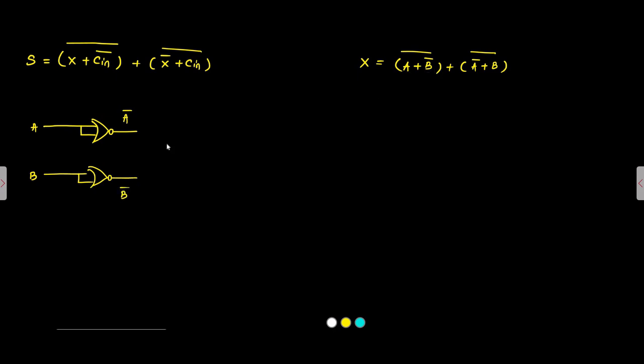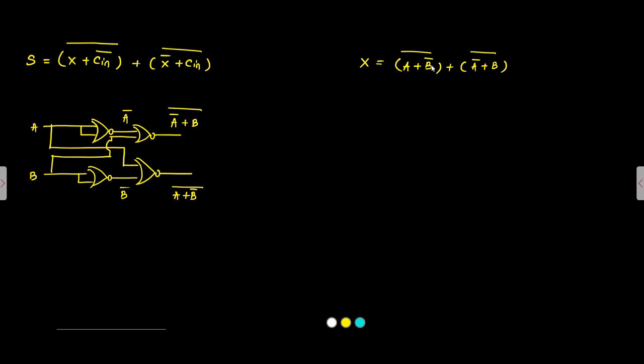A or B bar whole complement. So this is A or B bar whole complement. Then A bar or B complement. So this is A bar or B complement.